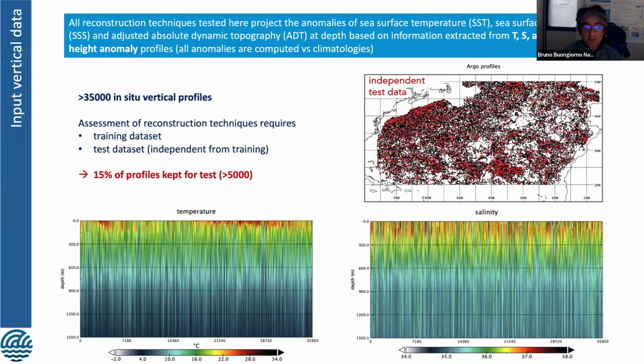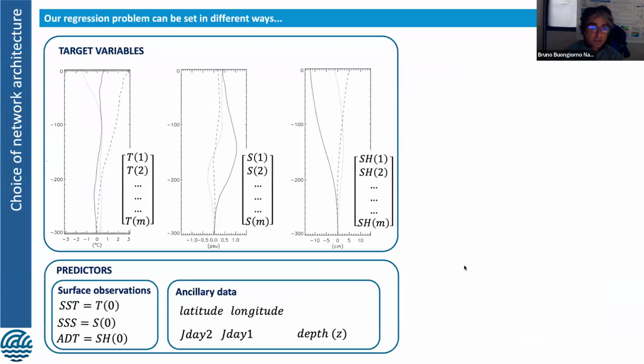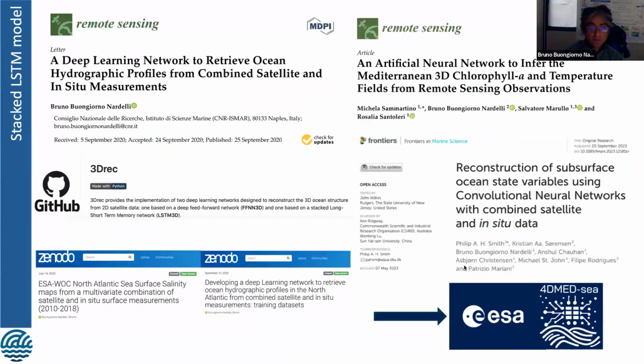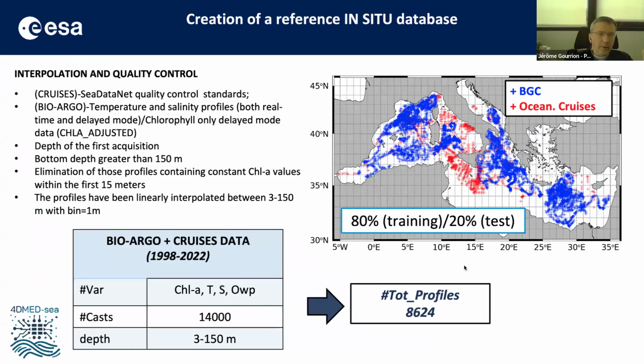Yes, I didn't give details on this. In the North Atlantic case, this was done in a very brutal way, by just randomly splitting. But in the Mediterranean case, the one where the biogeochemical variables were included in this work, different strategies have been tested. One strategy was, for example, to keep the profiles from one specific year out, so they are not statistically dependent on the rest of the data set.